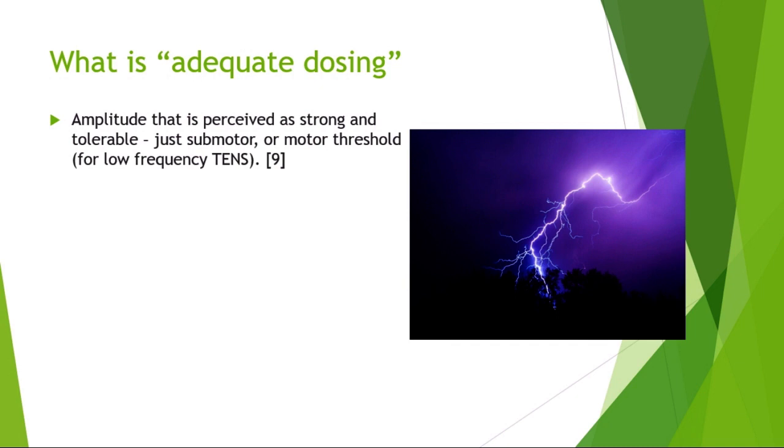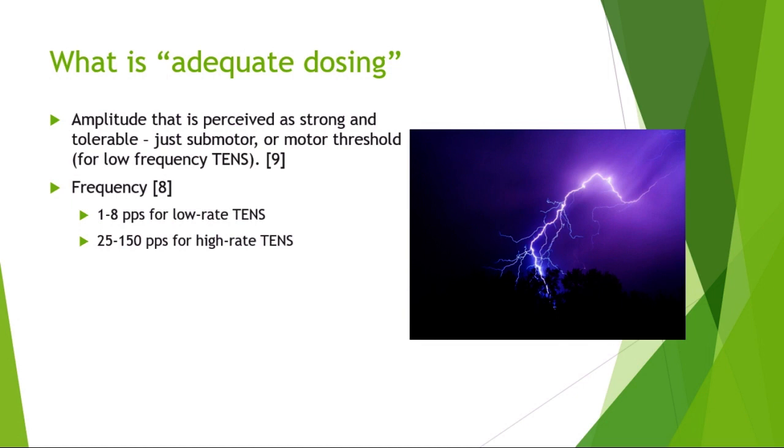So just sub-motor. If you're trying to do low-frequency TENS for a motor application, for that stimulation-produced analgesia using the endogenous opiate system, it needs to be at the motor threshold. In other words, you want to get twitching. So pretty high amplitude. Not as high as lightning, but pretty high. Higher than I've used in the past, honestly.